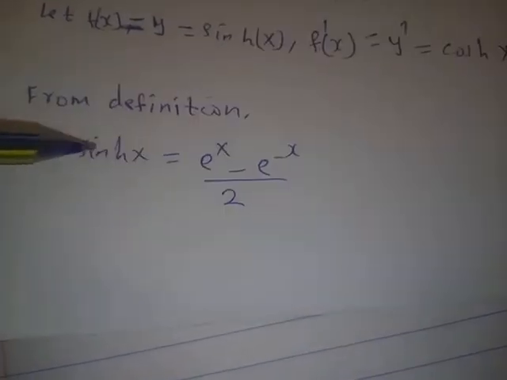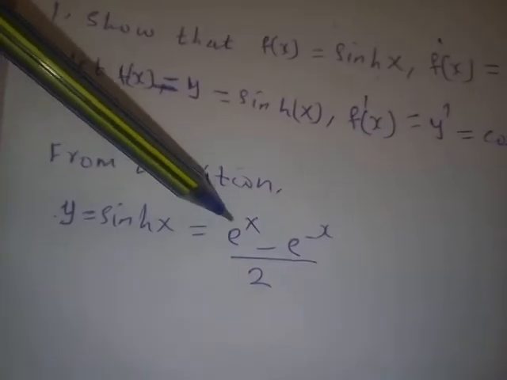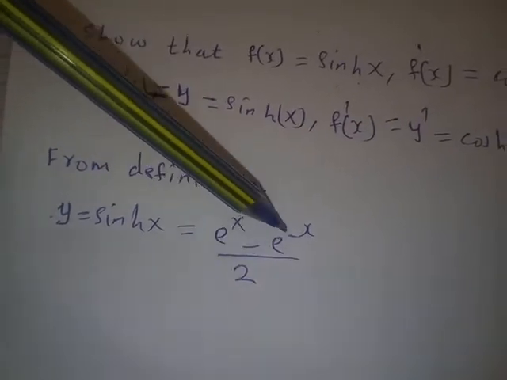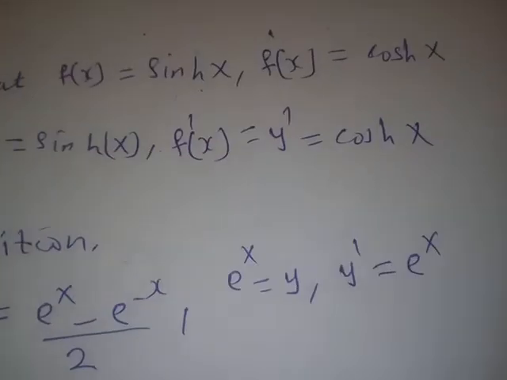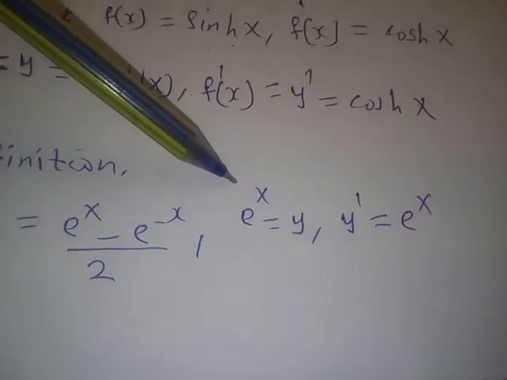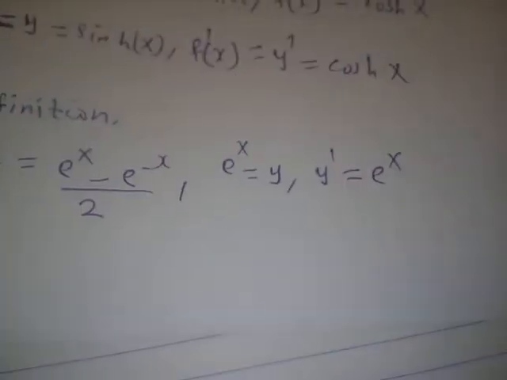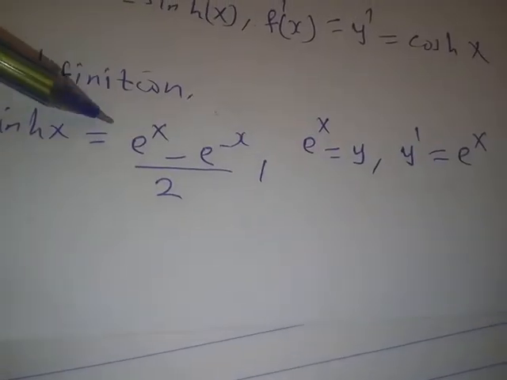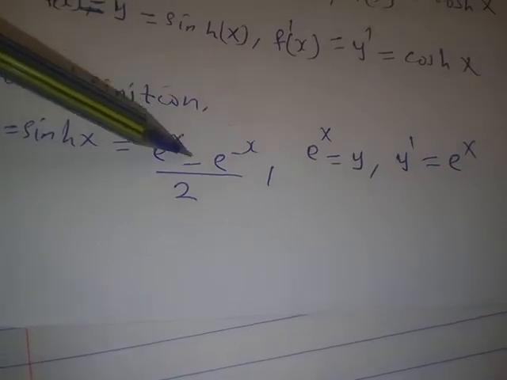From the definition of hyperbolic function of sine x, which is given by exponential x minus exponential negative x over 2, and from the fact that derivative of any exponential function is the same function, we are going to differentiate this right hand side with respect to x.